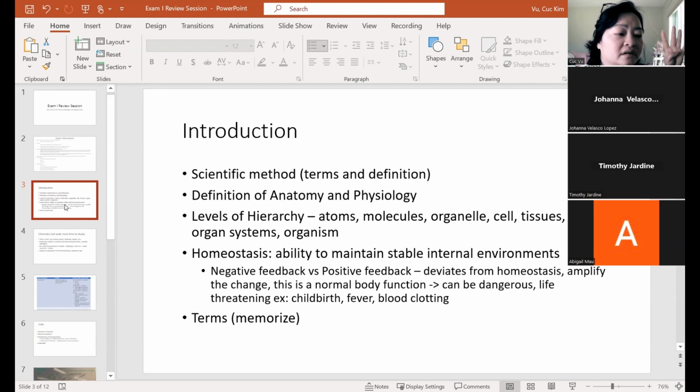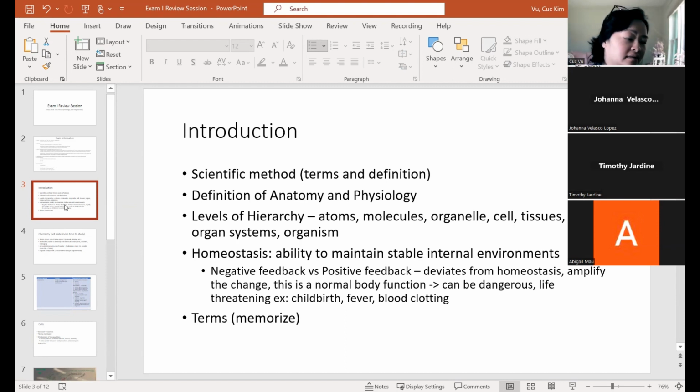Which of those is the largest? Endocrine system. Perfect. That is an application question and not a pure memorization question. Those are the types of questions you would expect on the exam.